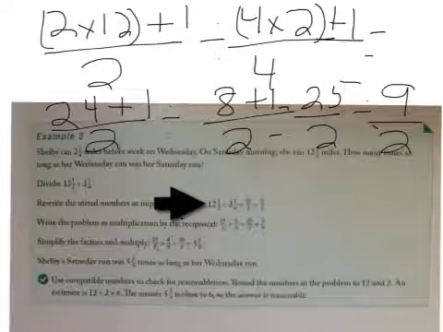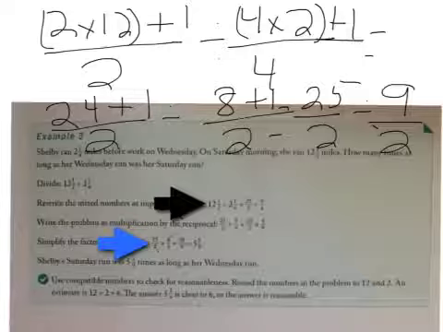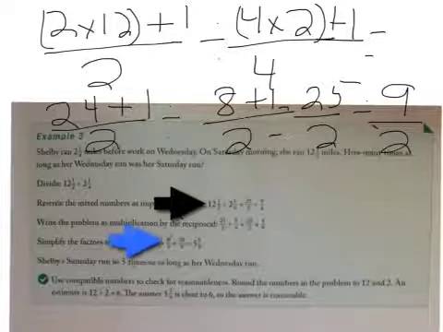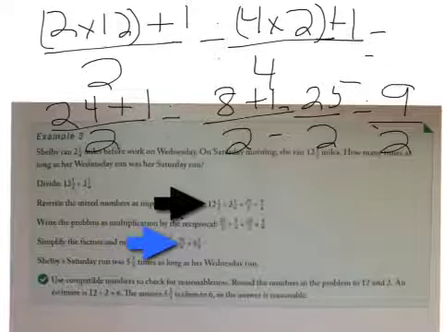Okay, so let's look here. It's telling us to write it in simplest form, or we can multiply. We know 2 and 4 will go into each other: 2 will go into 4 two times, and 2 will go into 2 one time. And so we can simply multiply. 25 times 2 is going to give us 50, and 1 times 9 is 9.